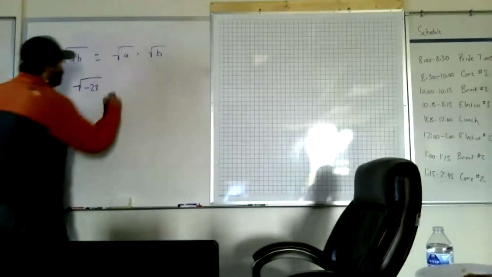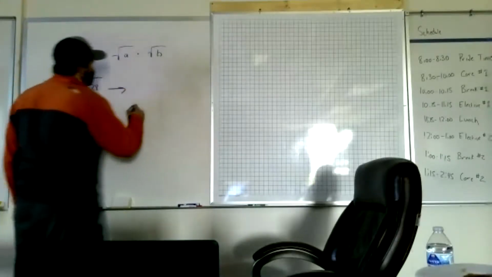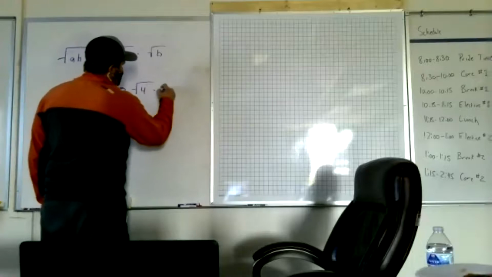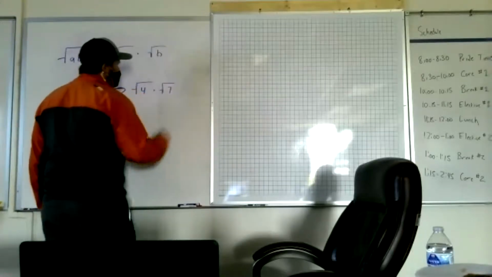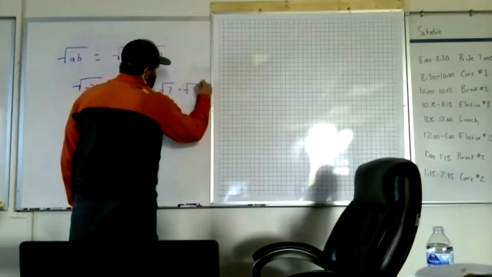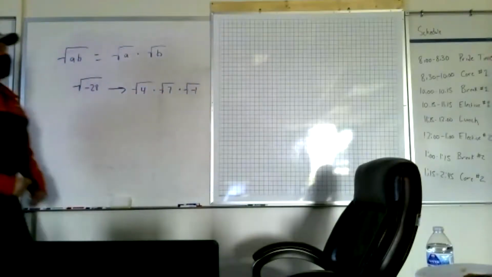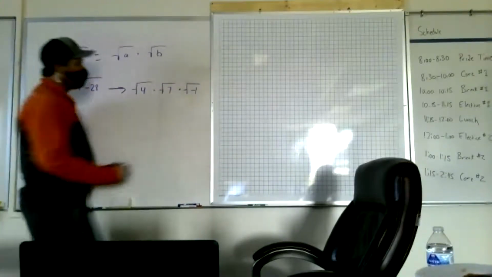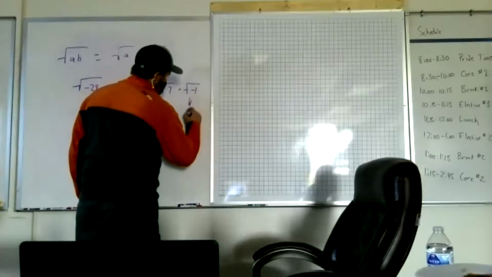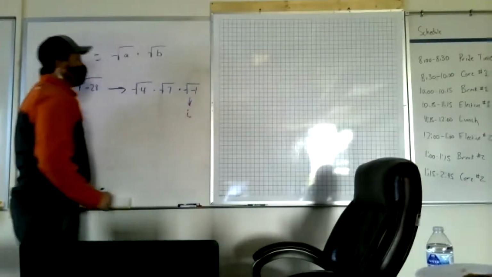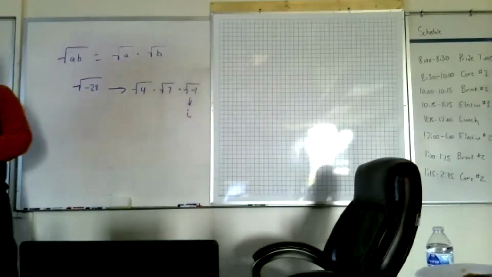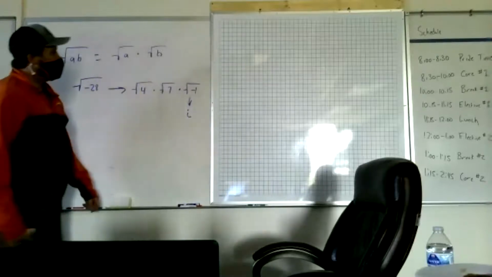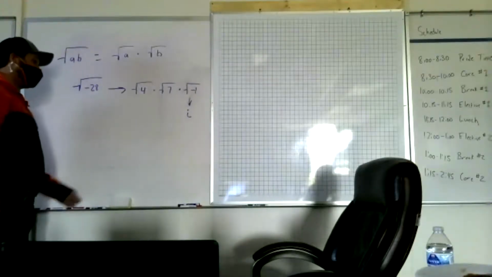So this -28, we're going to break it down into the square root of 4 times the square root of 7 times the square root of -1. As we just learned, the square root of -1 we can simplify now to i. The square root of 7, we can't do anything with that. It's not a perfect square. 7 is prime, so nothing else multiplies into it except for 1 and 7.